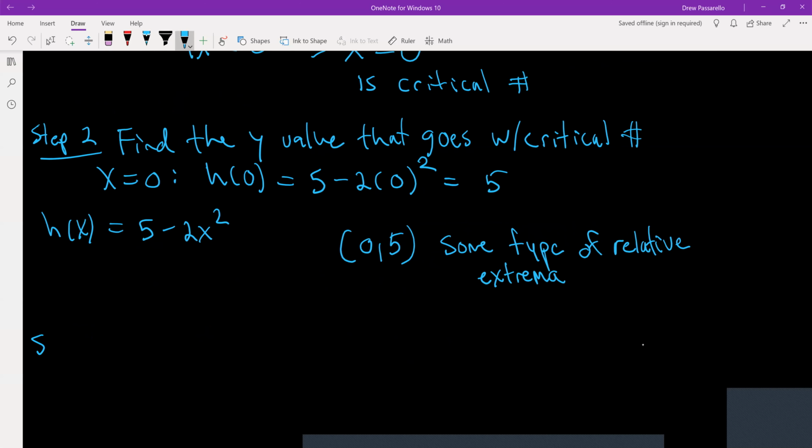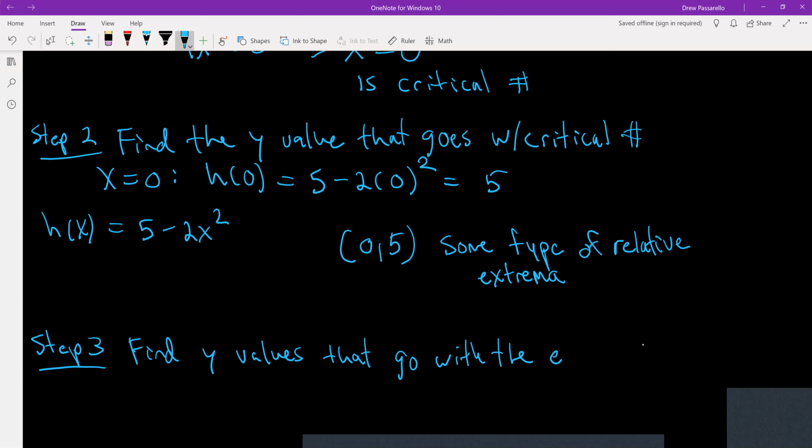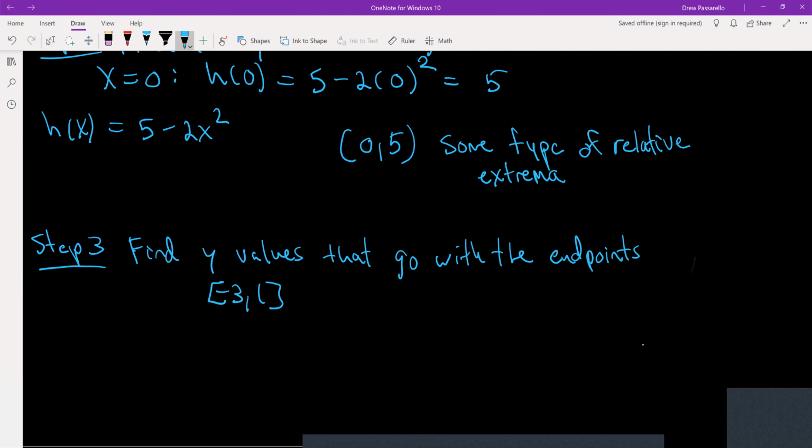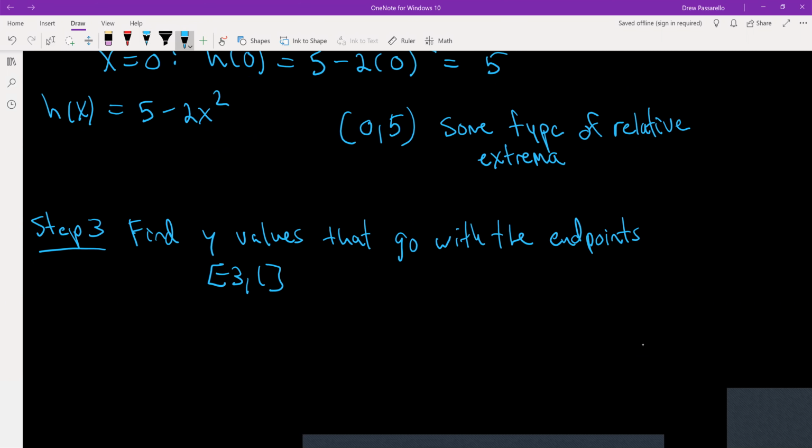Now I need to find the y coordinates that go along with the endpoints. Our closed interval is negative 3, 1, and I plug in each of these into the function, and our function is 5 minus 2x squared.